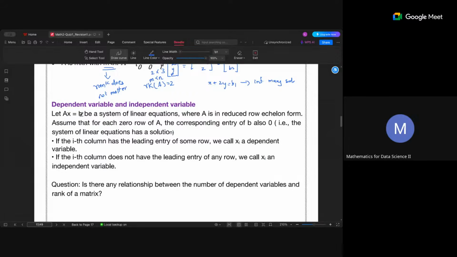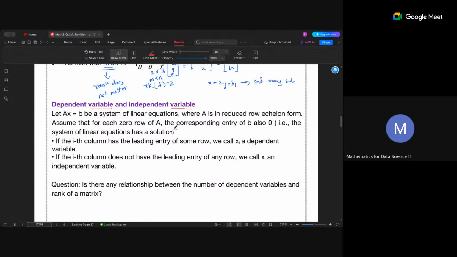Fine. So what are dependent and independent variables? Everyone, please be very careful. I am going to talk about dependent and independent variables. I'm not talking about vectors; I'm talking about variables here. Let Ax equal to B be a system of linear equations where A is in reduced row echelon form.